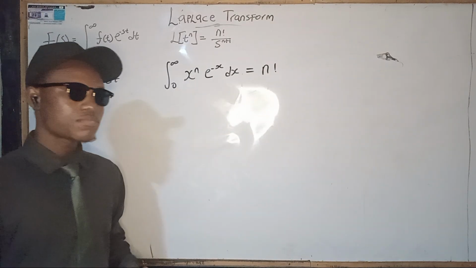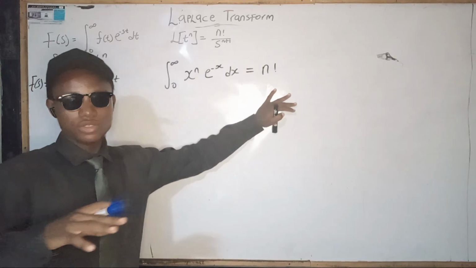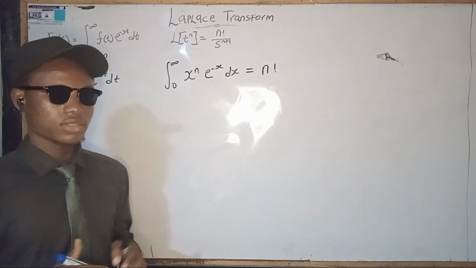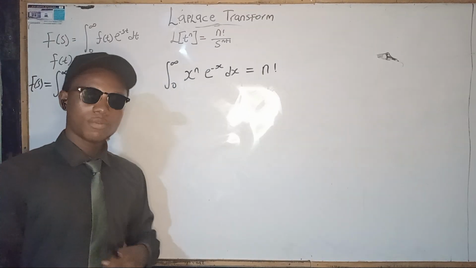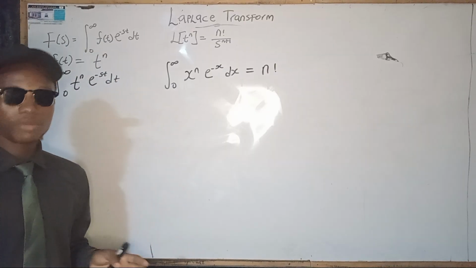This is the basic form of the gamma function, and it would be easier if you are just trying to memorize it with a little bit of understanding. But using integration by parts, you'll be able to go deeply into it.